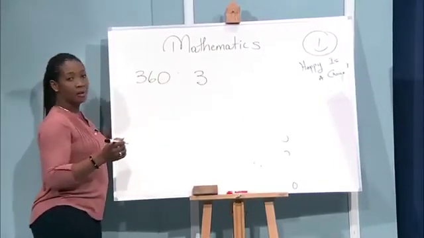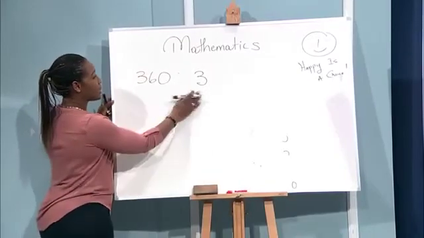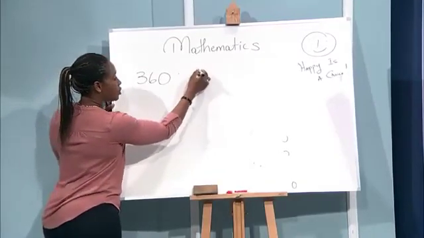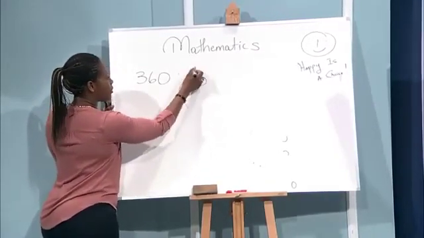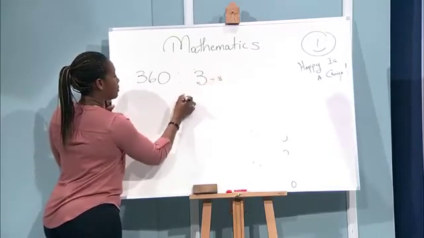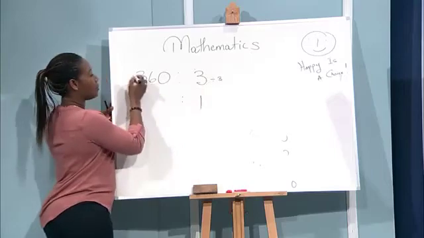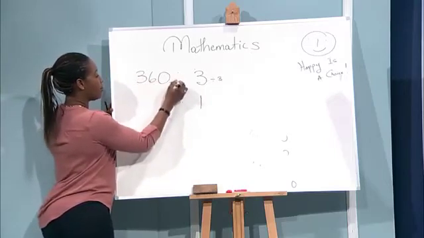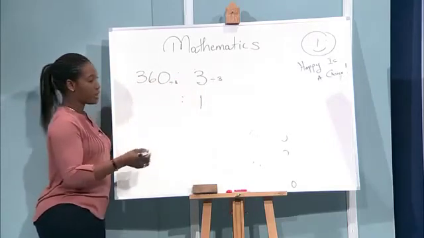You want to figure out what it is for 1 night. So I want to simplify this to 1. I'm going to divide this by 3, which gives me 1. And I'm going to also divide this by 3. So I'm simplifying my ratio.